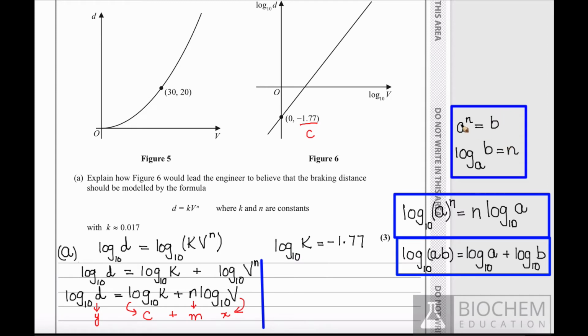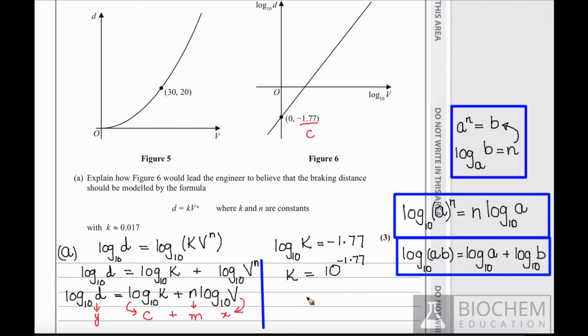So students should learn how to convert this into this form and how to remove the logs by converting this into that form. So applying the conversion from here to here on this equation, we can write this as k equals 10 to the power of negative 1.77.